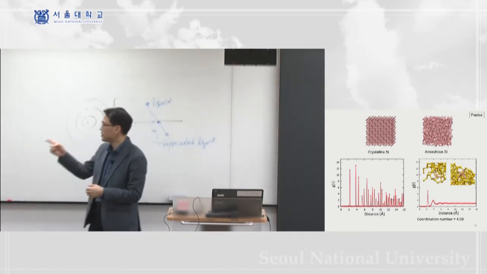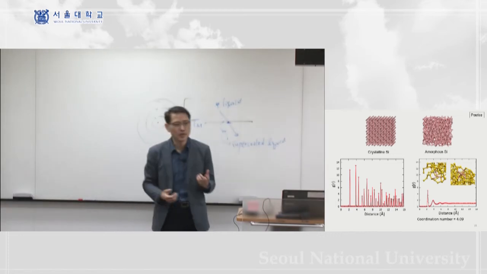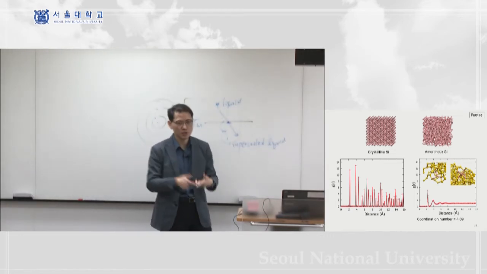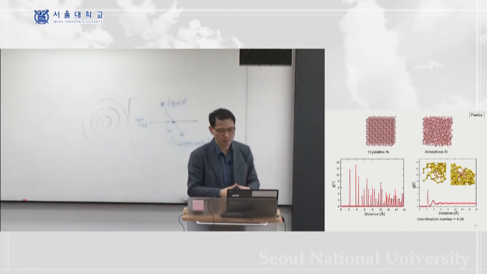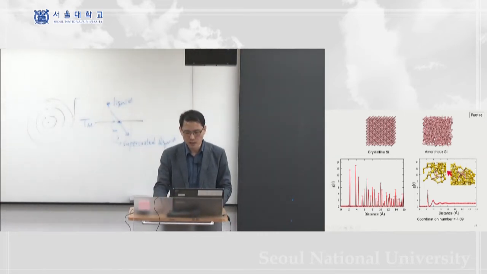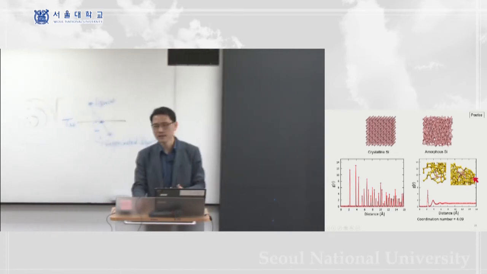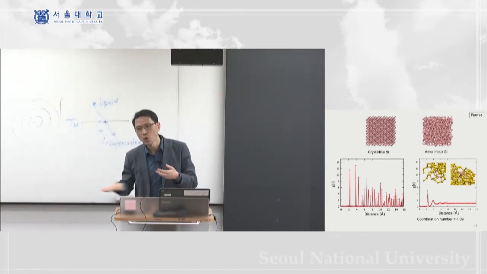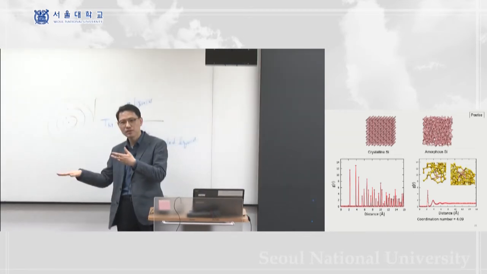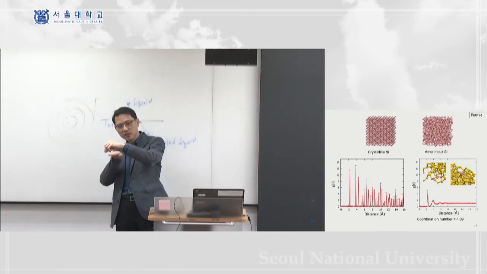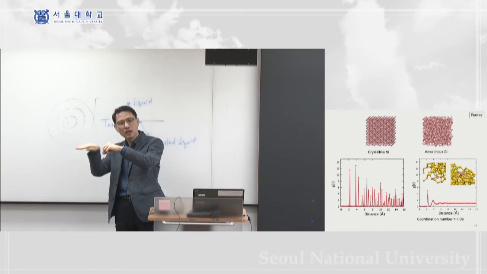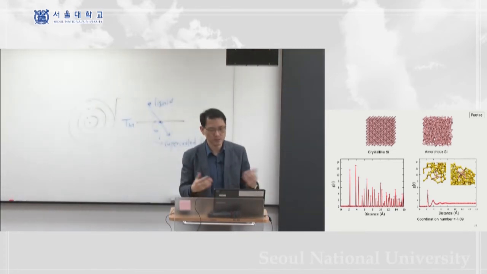And in fact, this is the main problem of using amorphous silicon in industrial or electrical applications, because this kind of defect site can be charged plus or minus, which hinders the motion of the electrons moving along this material because it's a charged defect.